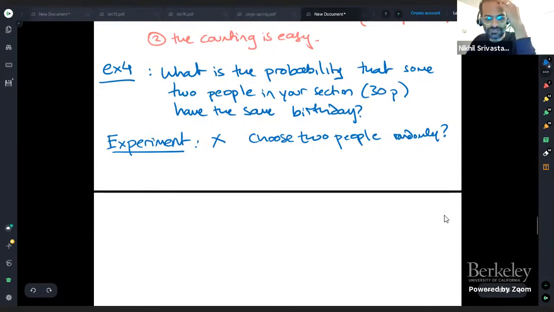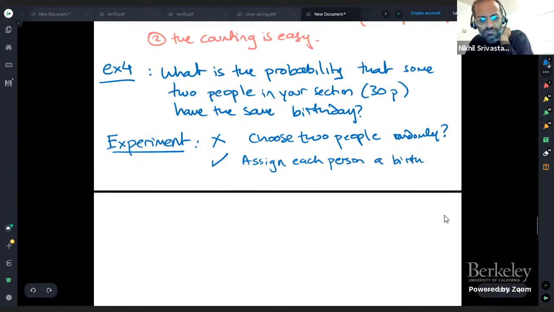And so both answers are valid, but what I meant to say, and it's good that I'm forcing myself to write an experiment now, is that the experiment here is that you assign each person a birthday in, let's say, the 365 non-leap year days of the year, uniformly at random.